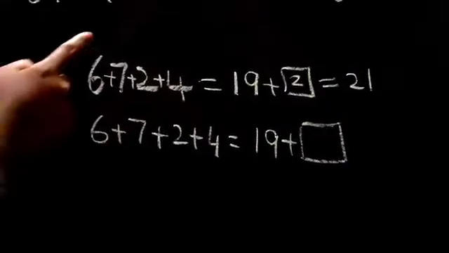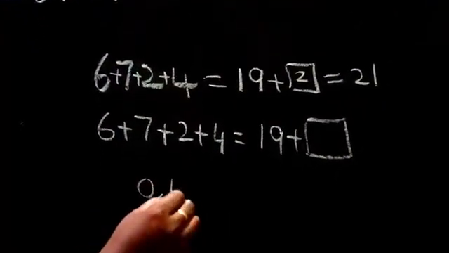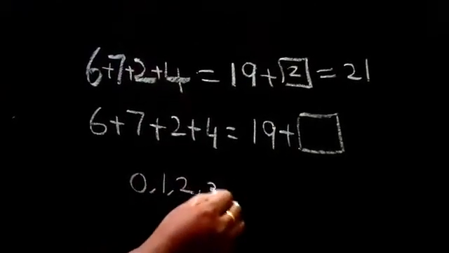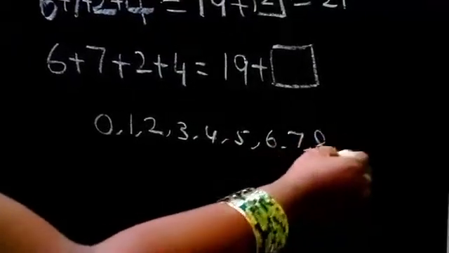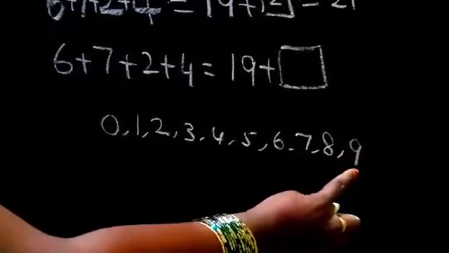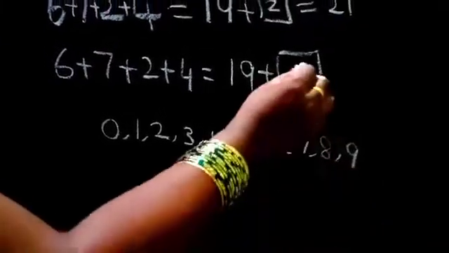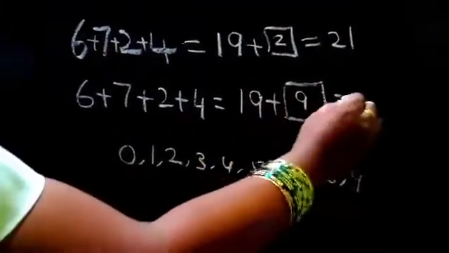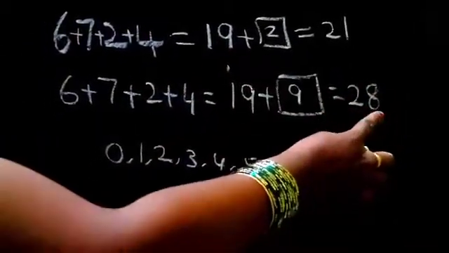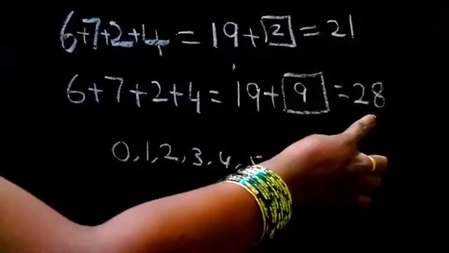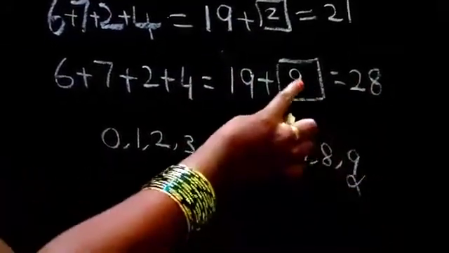Now we have to find the greatest digit. Actually, from 0 to 9: 0, 1, 2, 3, 4, 5, 6, 7, 8, 9. For the greatest number, first we have to try 9. So 9 plus 9 is 18, carry 1, it will become 28. 28 will not divide by the third table, so 9 will not be suitable in this place.